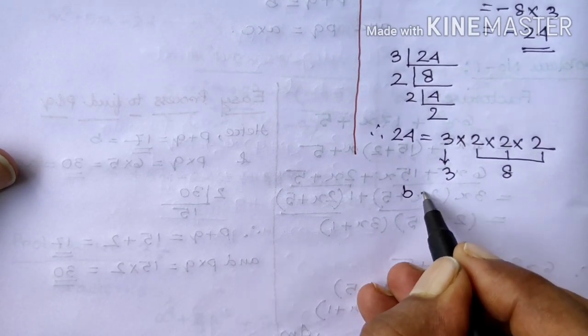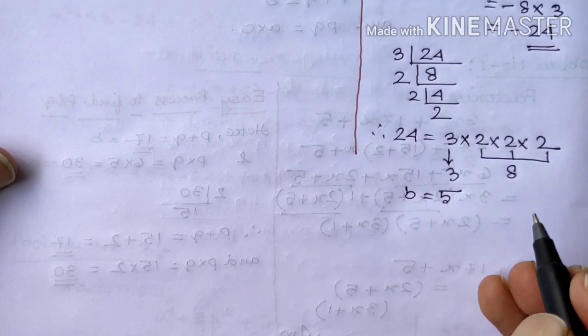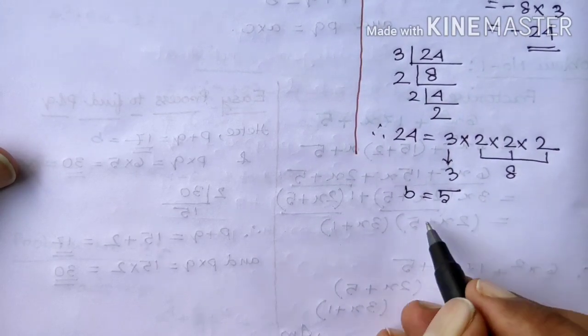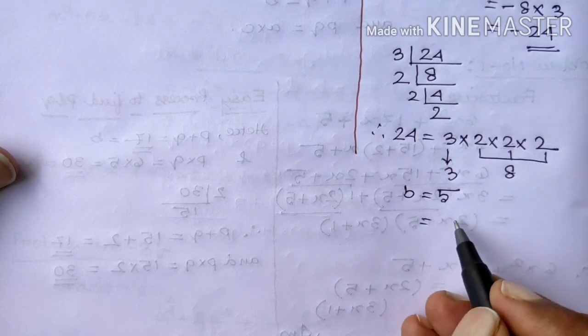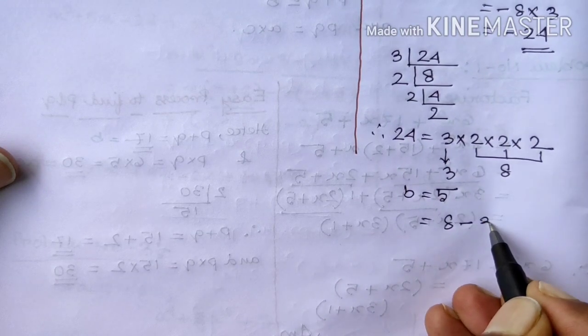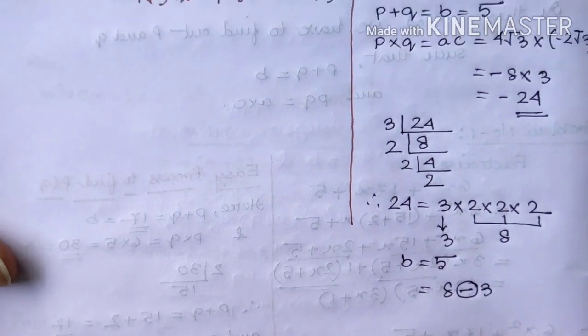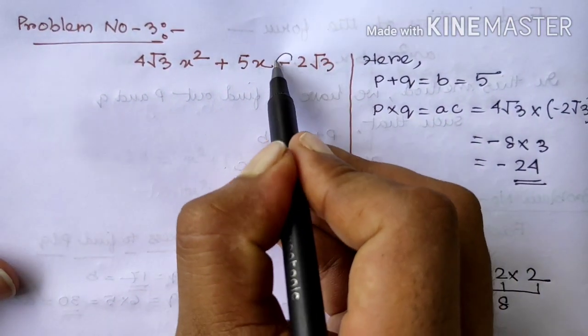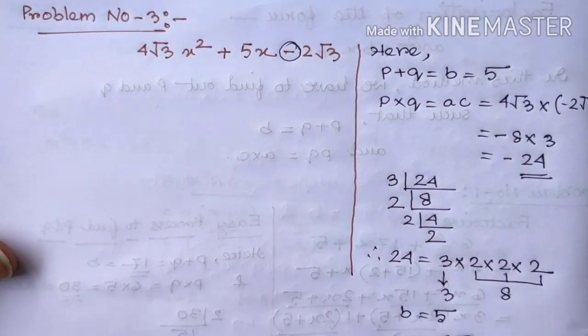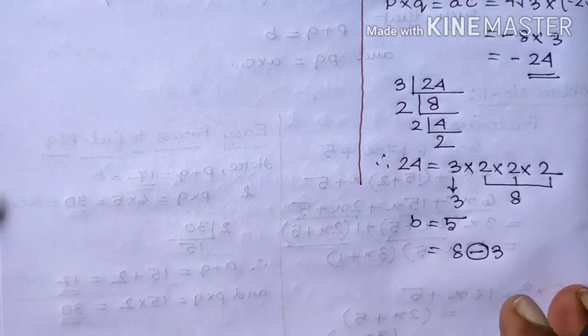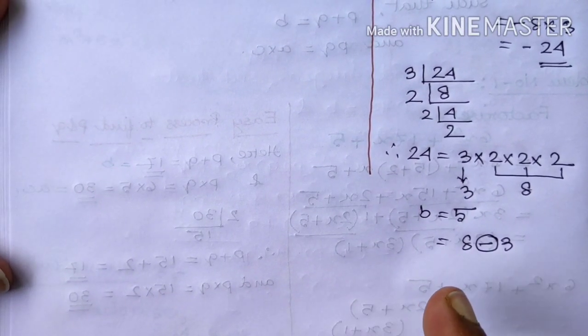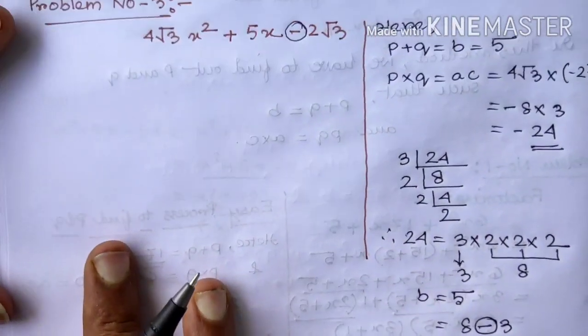Here b equal to 5. We have to do addition or subtraction with these two, 8 or 3. Since there is a minus sign in the given question, we have to do subtraction with these two terms, 8 and 3.